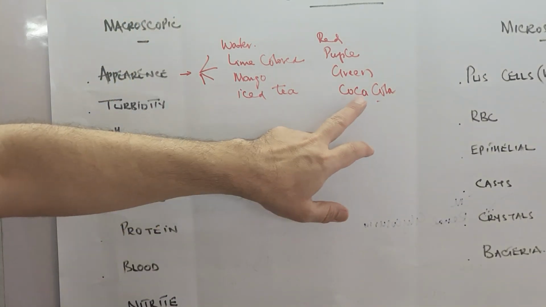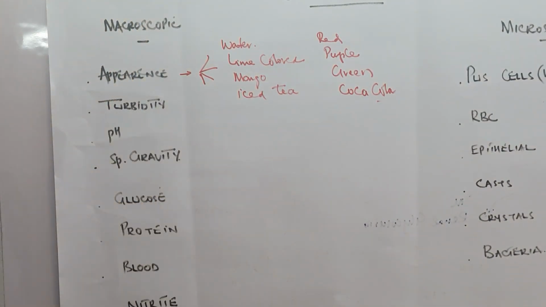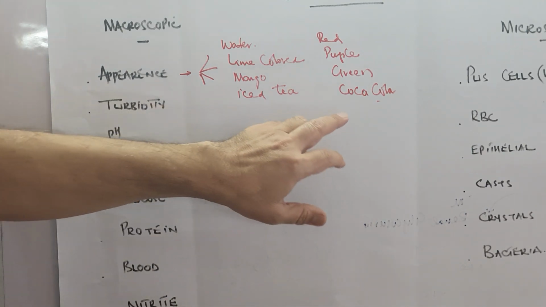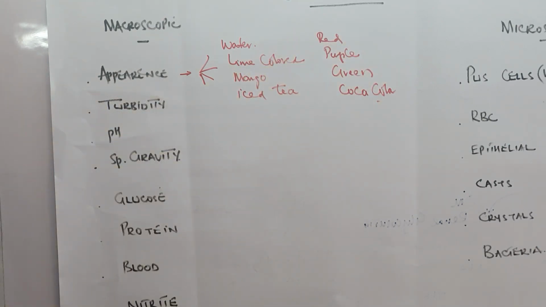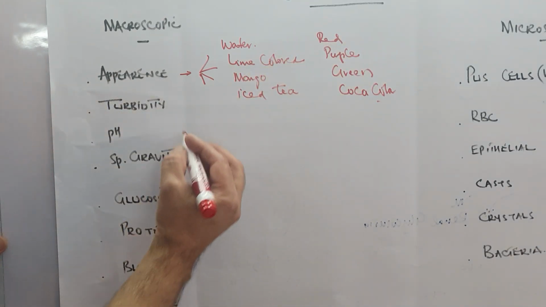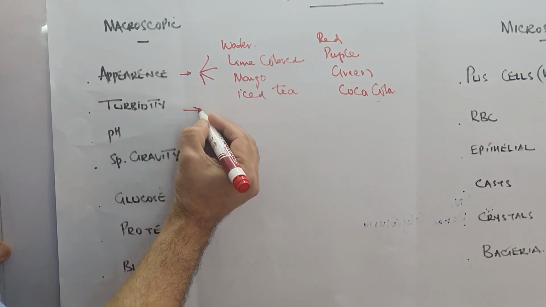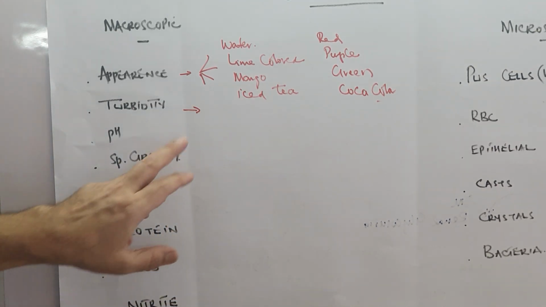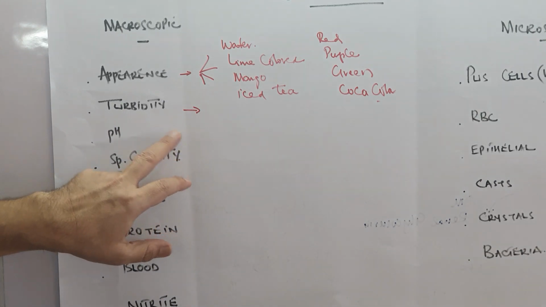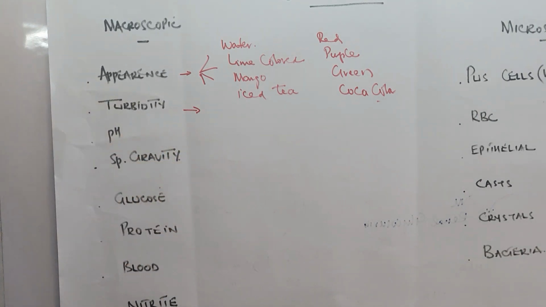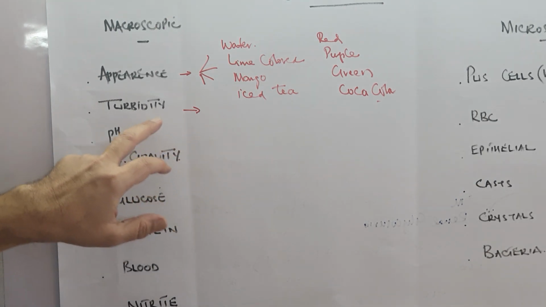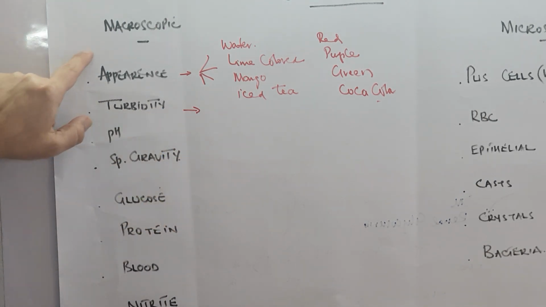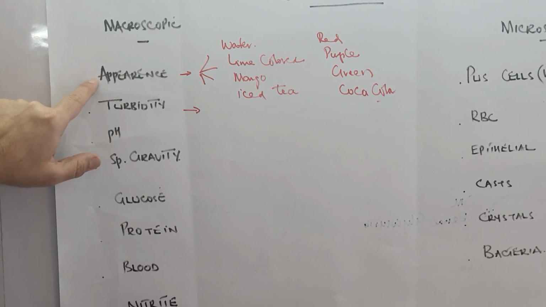We know that Coca-Cola colored urine often means that this is because of hematuria or there is breakdown of muscles, myoglobinuria, and so therefore these are abnormal colors of the urine. Turbidity means whether the urine sample looks clear or not. If it's turbid, it often means that there are solutes in it, there are crystals, or there can be pus cells.